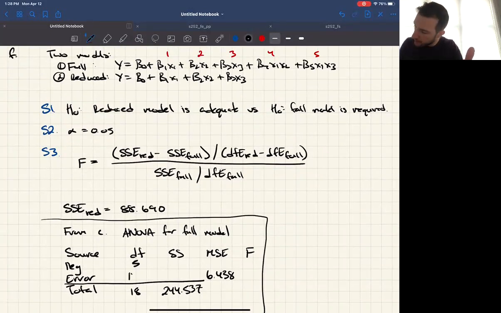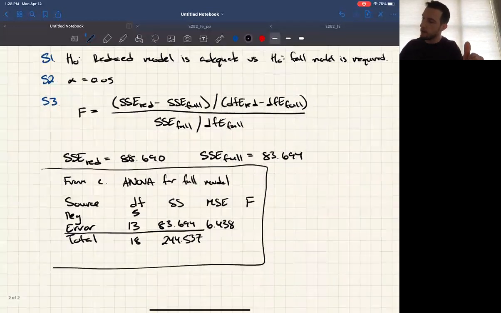That means that our error DF is going to be 13, which means that our sum of squares error is going to be 13 times 6.438, which is 83.694. So SSE full equals 83.694.